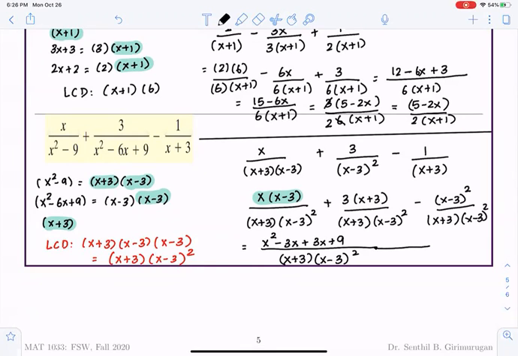Let's not skip a step with the last one. So I have minus. If I FOIL x minus 3 times x minus 3, I know that we're going to get x squared minus 6x plus 9. So we have x squared minus 6x plus 9.